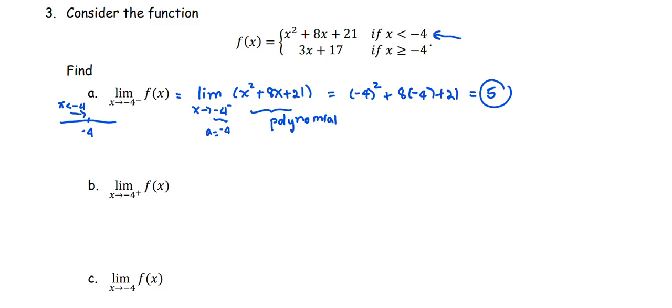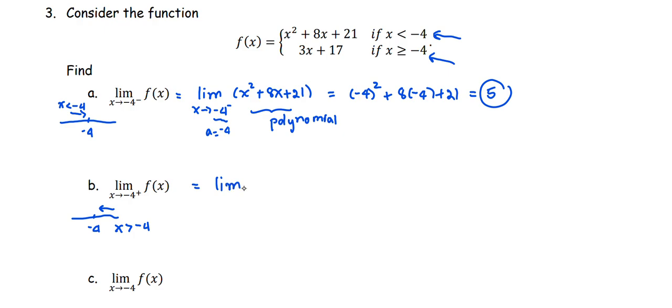For the function f of x as x approaches -4 from the right, that means coming toward this way, or we can say that x is greater than -4 but very close to -4. If we look at the value of x that is greater than -4, the function will be defined as 3x plus 17.